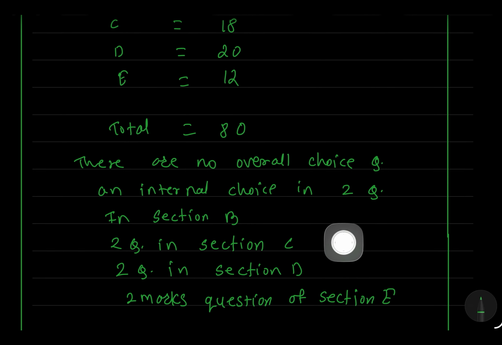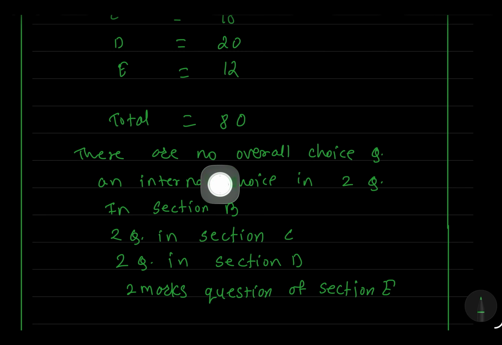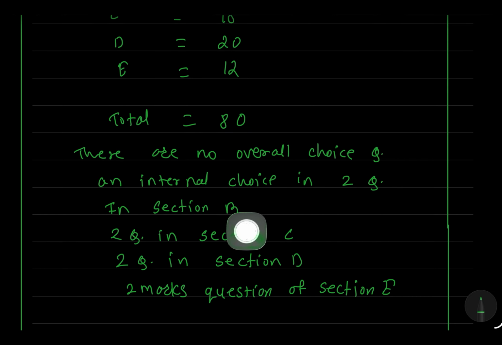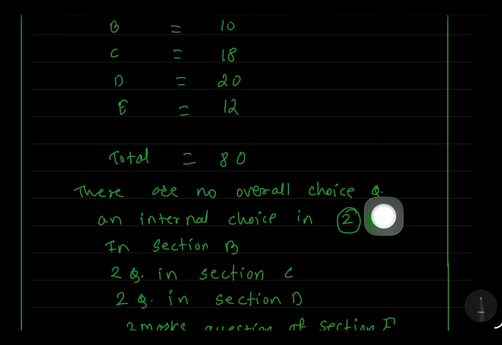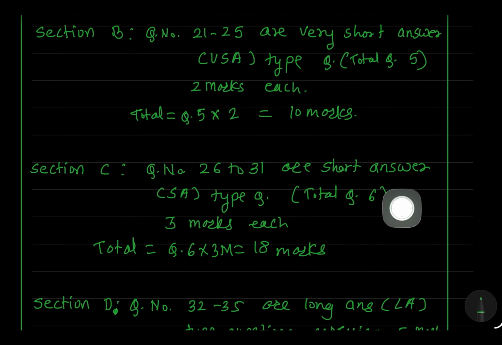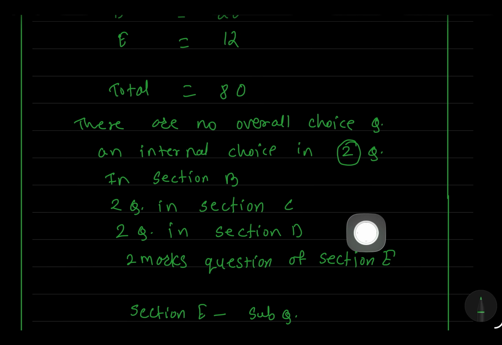So how do the options come? There is no overall choice, meaning all questions are compulsory, but there is some internal choice. In section B, where 2 markers are there, we studied that there are 5 questions.